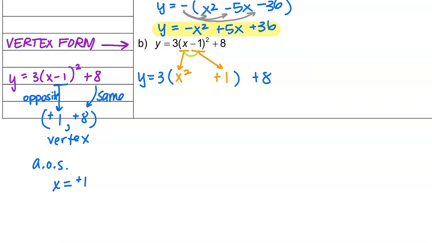Then you have to double the product. Well, the product is going to be x times negative 1 or negative 1x. There's your product. Doubling that gives you minus 2x.